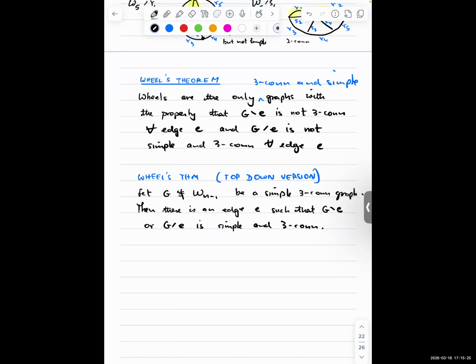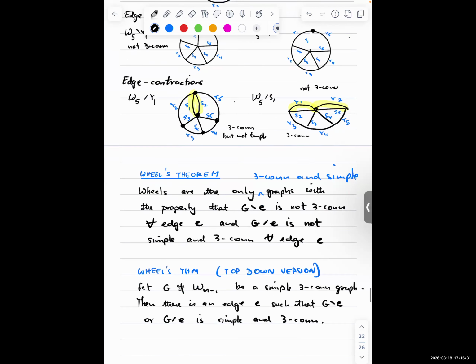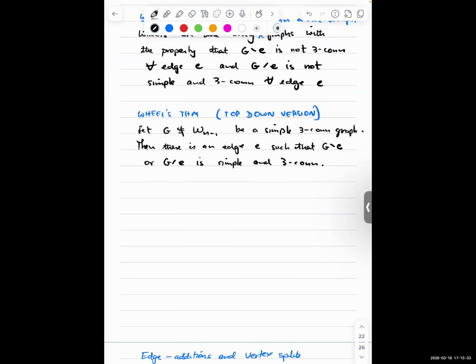Including the wheels: if you contract the rim edge, it's 3-connected. The key is simple and 3-connected. So there is an edge E such that either G delete E is simple and 3-connected, or G contract E is simple and 3-connected.